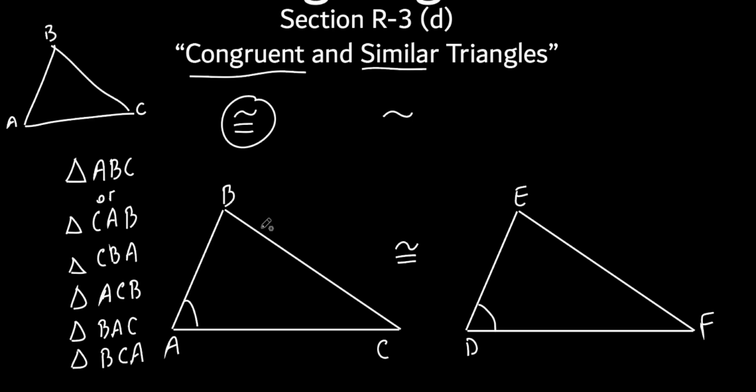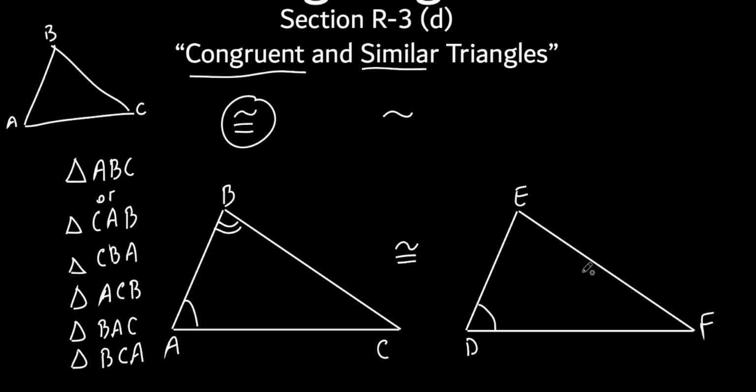How would I differentiate between angle B and angle A? If angle A has one arc, what are we going to do with angle B? Put 2 arcs. Remember this from geometry? Yeah, we did this so many times. So angle B equals what over here? Angle E, right? Because when I took that triangle and put it on top of the other, I just moved it over. I didn't twist it or flip it.